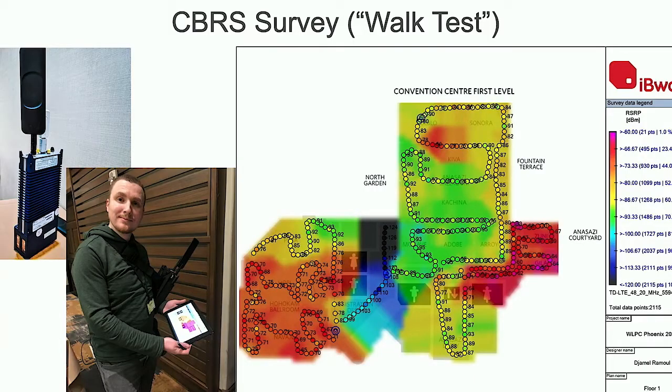There's Jamel, using his device for the walk test. In cellular terminology, instead of an RF site survey, if you hear walk test, that's what they mean: they're walking around doing live measurements of their coverage and SINR, and gathering RF performance criteria.